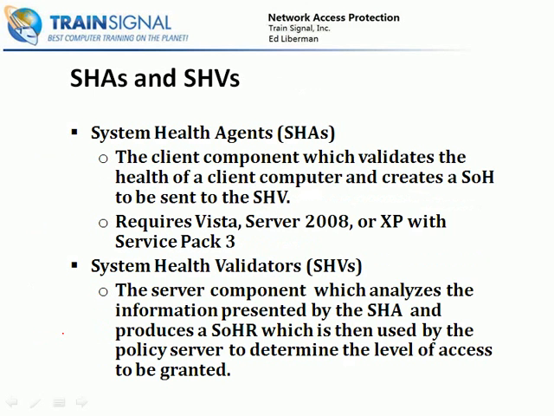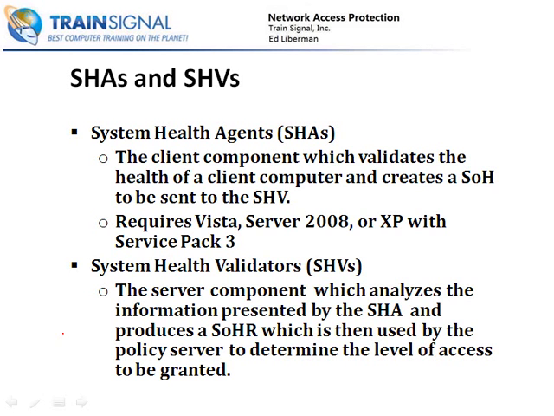The first 2 components I'd like to talk to you about here are what's called System Health Agents, or SHAs, and System Health Validators, or SHVs. Now the System Health Agents are the client component which would validate the health of the client computer. So it resides actually on the client computer and is validating the health of that computer.